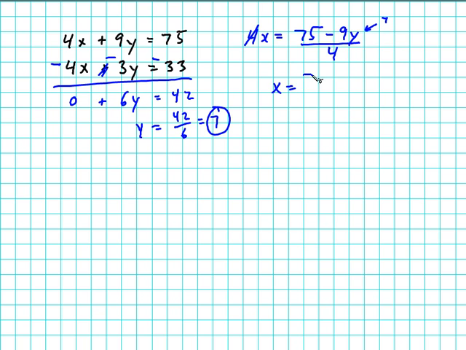So x is 75 minus 63 over 4. 75 minus 63, so that's 12. So x is equal to 12 over 4, which is 3. Okay, so now I remember to put my x first in the ordered pair, so I have 3, 7 is my x, y.